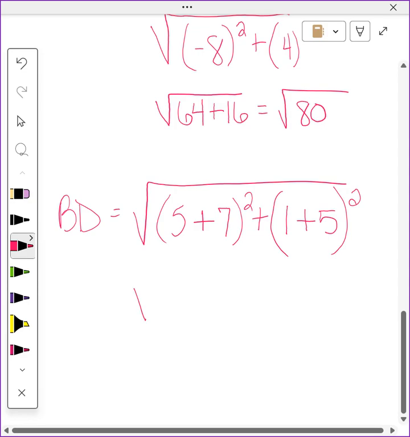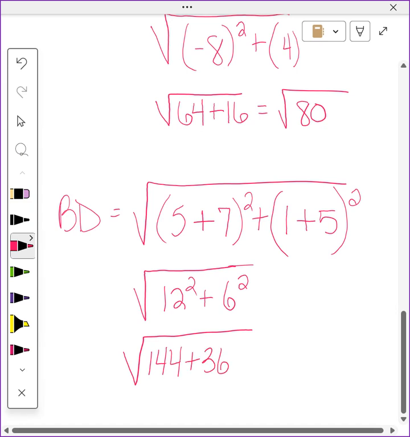Well, 5 plus 7 is what? That's 12. That gives me 12 squared. And 1 plus 5 is? That gives me 6 squared. Let's see. 12 squared is 144. And 6 squared is 36. And when I add those together, I get the square root of 180.